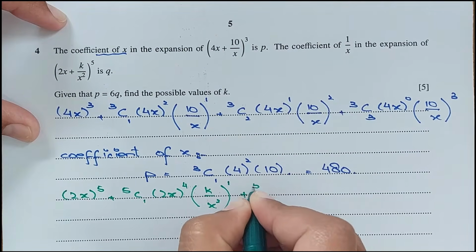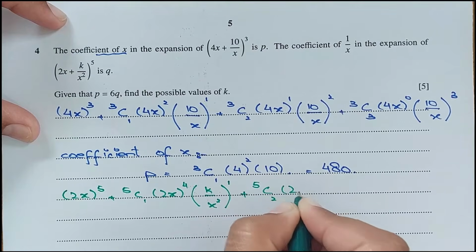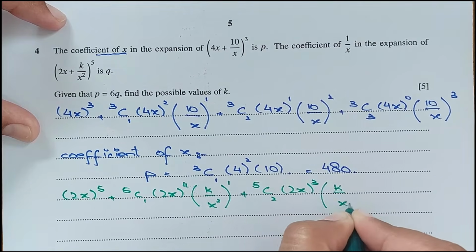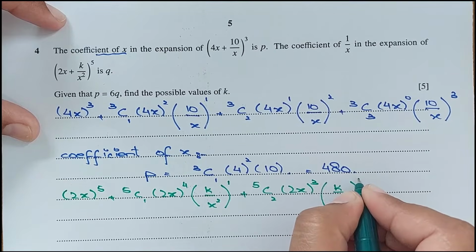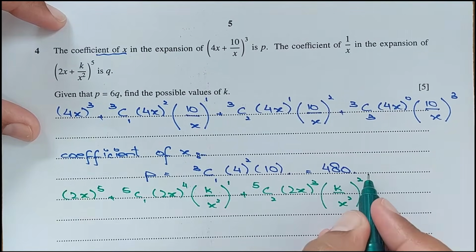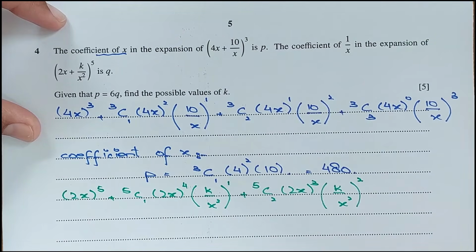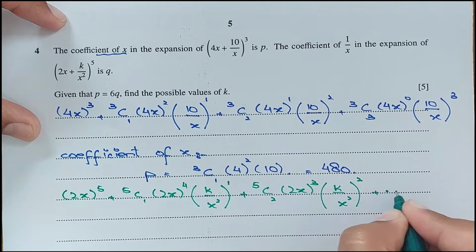Okay, let's expand it further. 5C2 (2x) to the power 3, and k over x squared to the power 2. x squared would be x to the 4 and x cube, and we have 1 over x to the 4, so we will get 1 over x, plus so on.